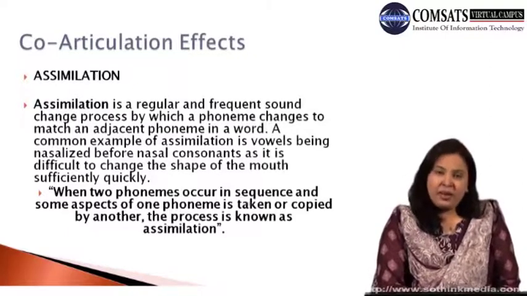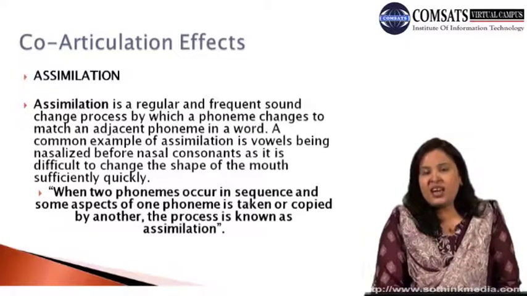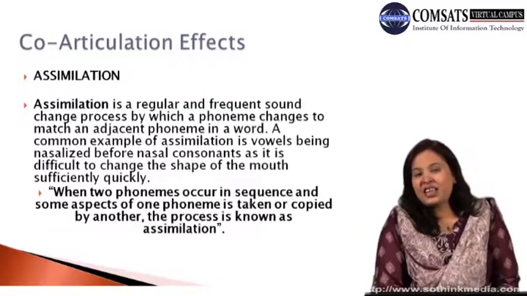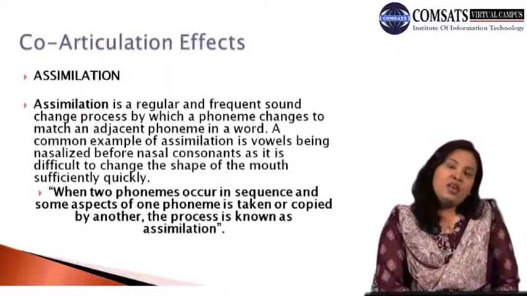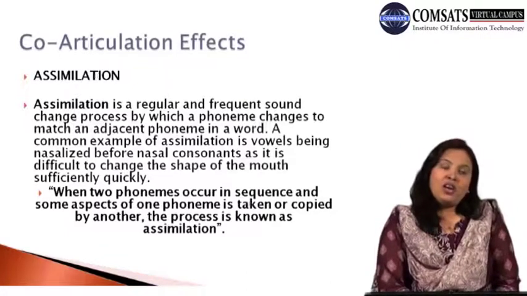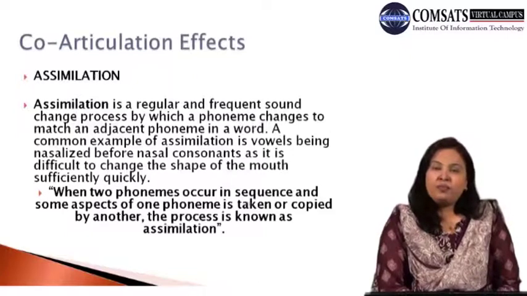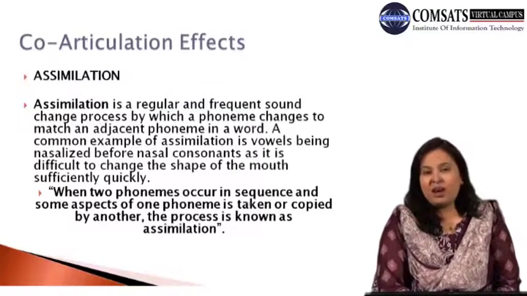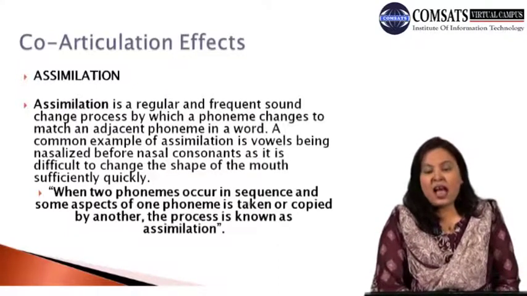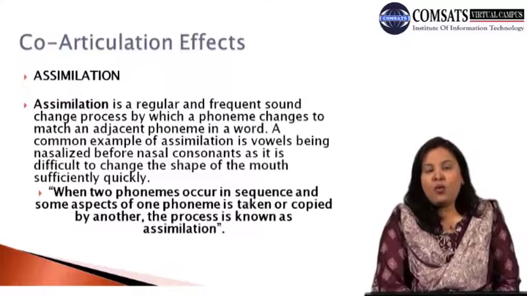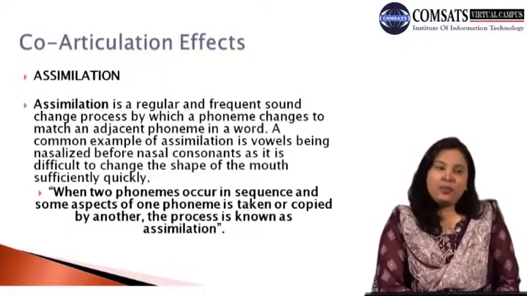And why is this happening? Because the next sound is a nasal, so it is assimilating, it is affecting the process of articulation of the vowel existing or articulated before it. So this way one sound is affecting the other sound. This process is known as assimilation. Now what is the reason?